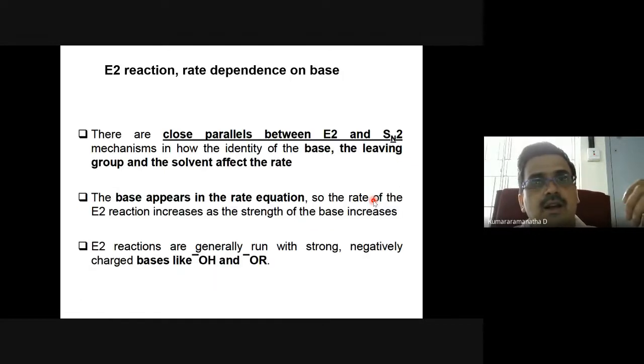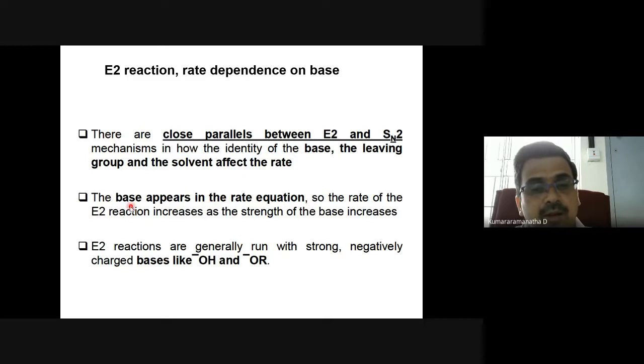Importantly, as I told you, many of you might be recollecting how it is similar to SN2. In this case, the dependence on the base is very important. As I told, E2 has both substrate and base dependence. So there are close parallels between these two, for example, how you identify the base and the leaving group, and also how the solvents affect the reaction.